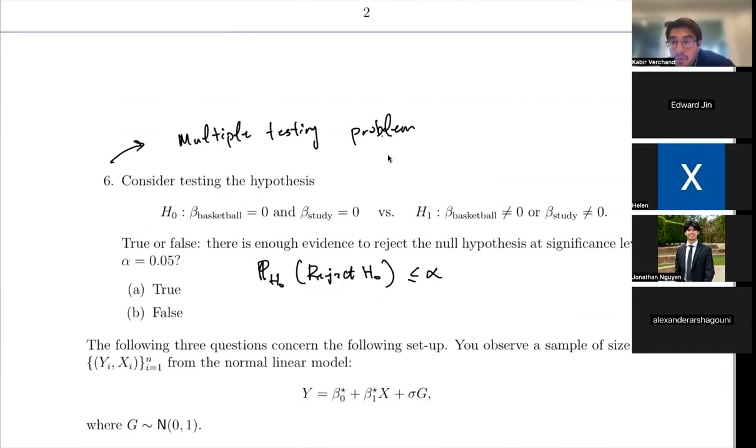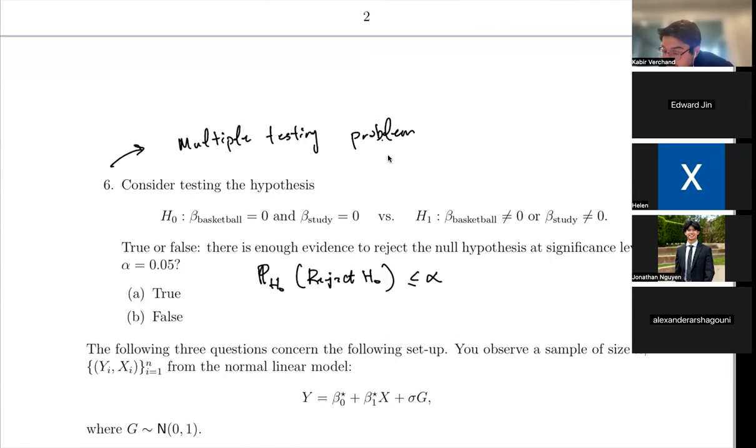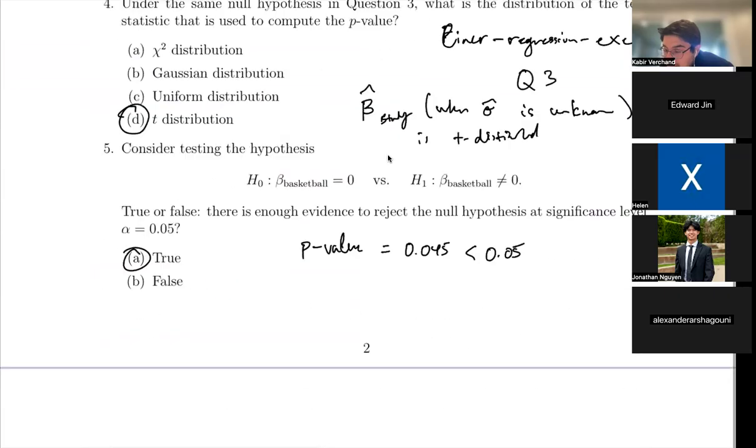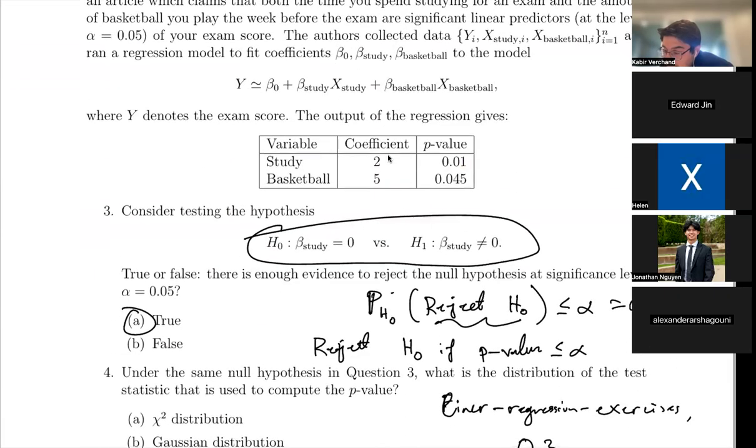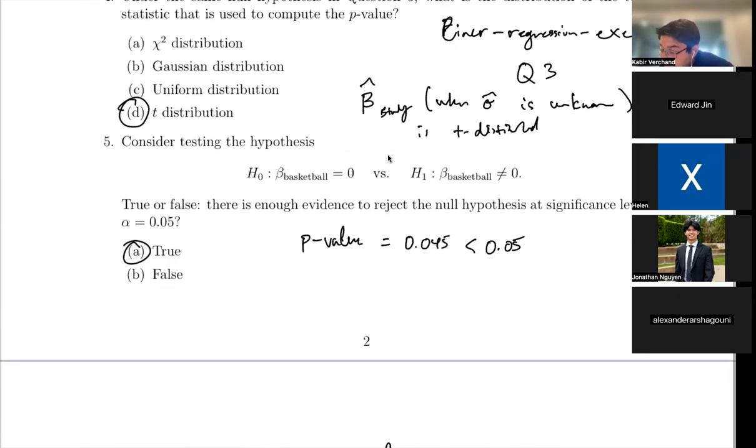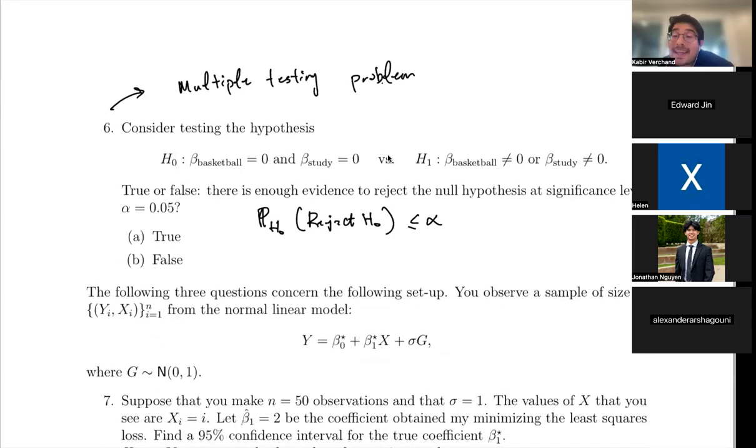We just checked, okay, is the p-value less than alpha? If it is, reject. If it's not, fail to reject. Here, because we have two variables and there are only individual p-values corresponding to each of these variables, but nothing about both of them combined, we can't necessarily just do that. But we can consider the following test.